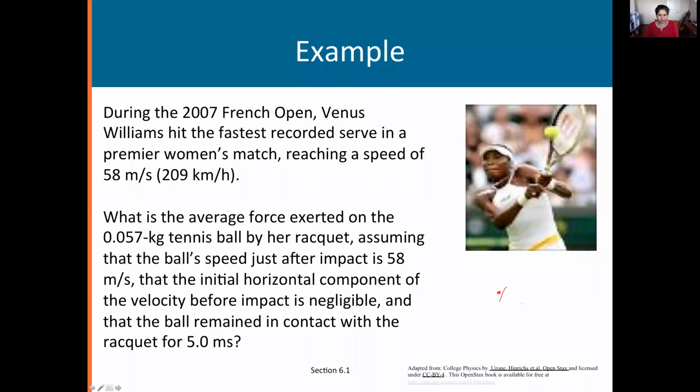Let's say that's the side of her racket with which she hits it, and the ball is going to go this way with a velocity of 58 meters per second. So this is going to be the final velocity. Let's write this as VF. What about V initial?